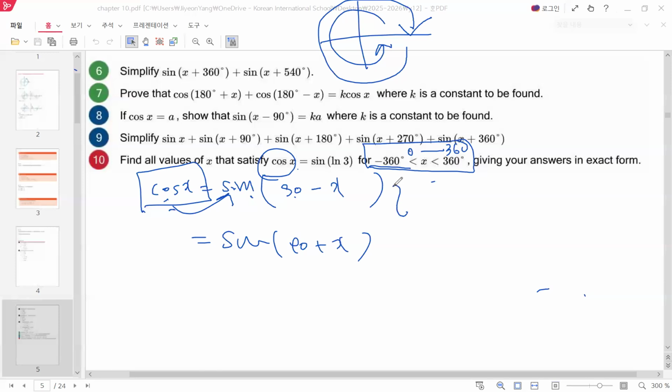So we found these two with this direction, right? Let's find out the angle in the other direction. So the second quadrant and the first quadrant, right? So this direction, 90 plus, can you see that?